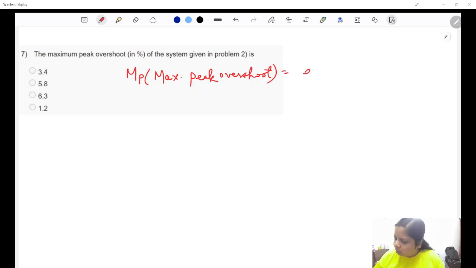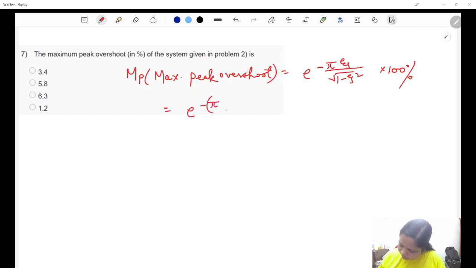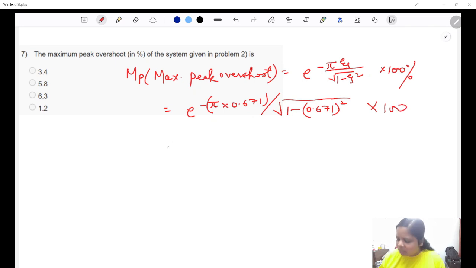It is given by e to the power minus pi zeta upon square root of 1 minus zeta square, into 100%. Put the value: e to the power minus pi into 0.671 upon square root of 1 minus 0.671 square, into 100. I want an answer from your side this time. Please solve this.